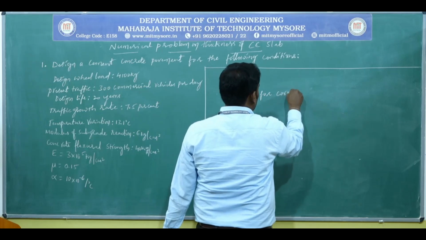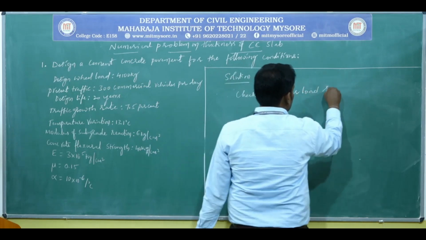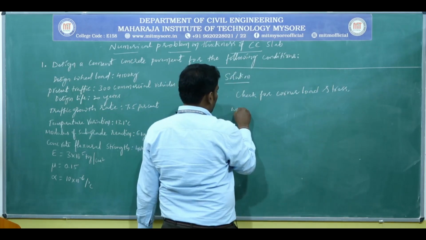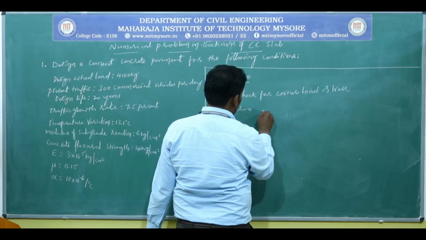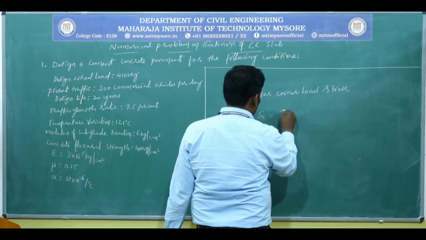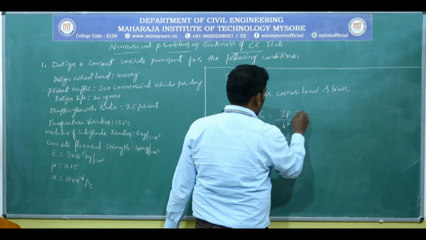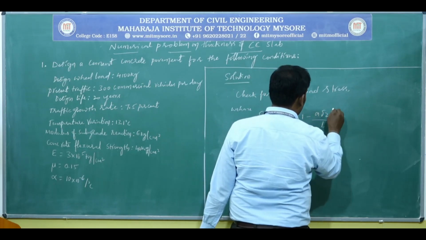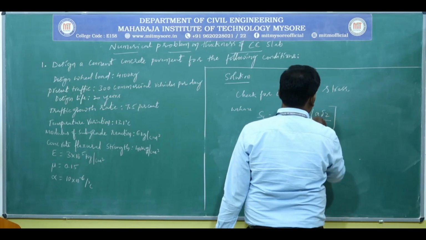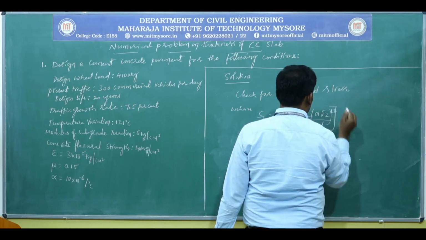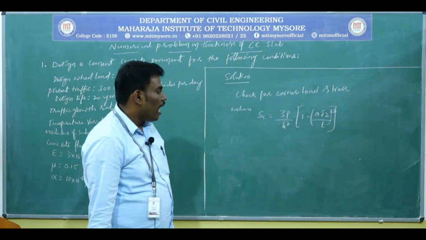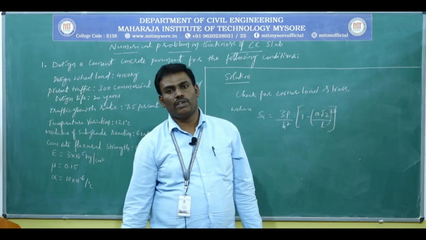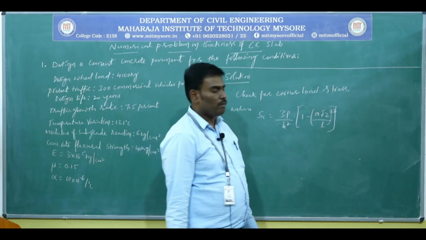Check for corner load stress. We have SC equal to 3P by h square into 1 minus a root 2 divided by L, power 1.2. Always while checking, you need to use the modified equation for the corner load stress, with power 1.2.